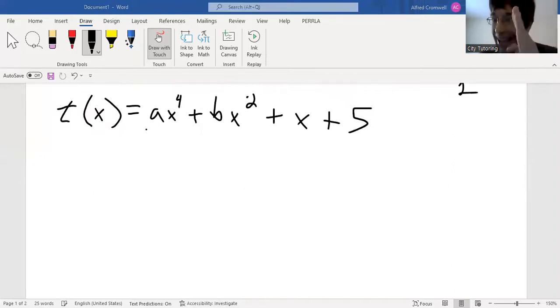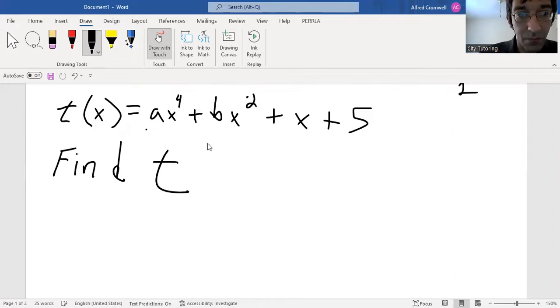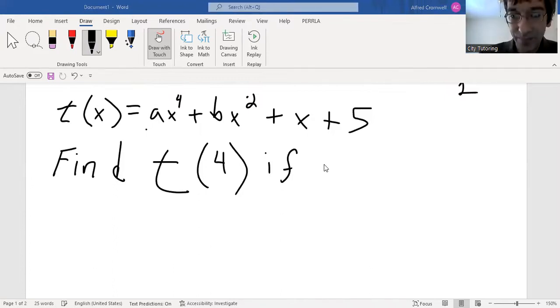Let's say a and b are constants. We want to find t of 4, if, let's impose the condition, t of negative 4 equals 3.